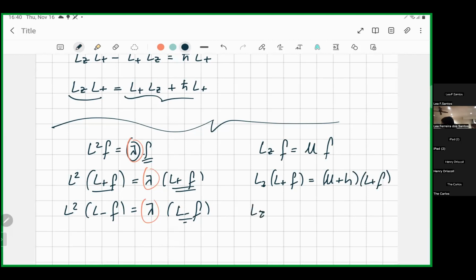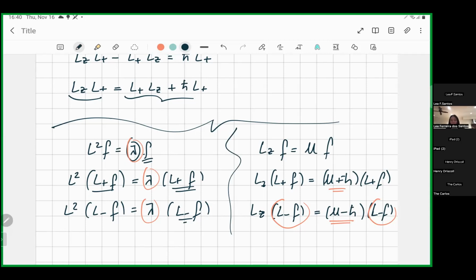And the L minus of this function will still be an eigenfunction of LZ, but with a different eigenvalue. So the eigenvalues on the Z side do change. All right, so very similar to what we did in the story of the harmonic oscillator.